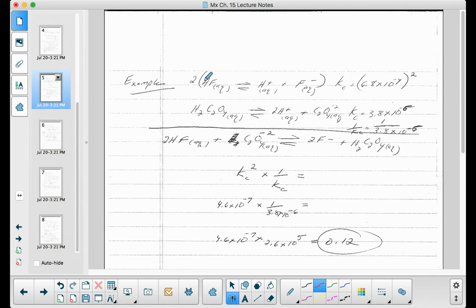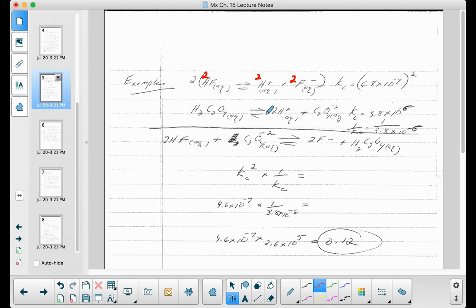If I have a reaction such as this, HF breaking up into hydrogen ions and fluoride ions, and it has a Kc of 2.8 times 10 to the negative fourth, if I were to multiply everything through by 2, giving each component a 2 in front, then what I do is take the value that's given for the simplest form of that reaction, 6.8 times 10 to the negative 4, and I square it, raise it to the second power.